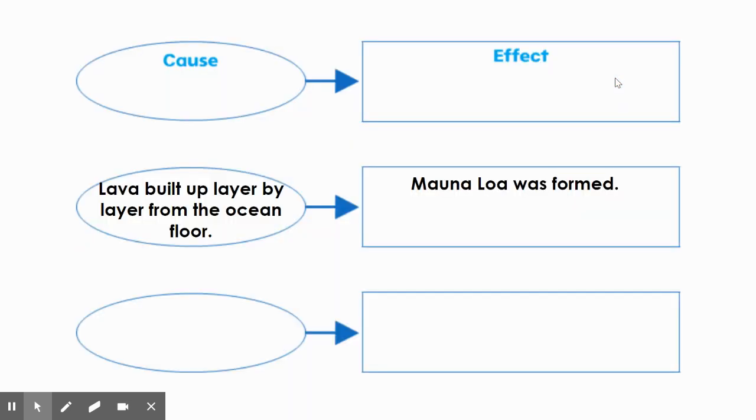So that was the cause. Lava built up layer by layer from the ocean floor. That created Mauna Loa. Okay, so that was the cause of Mauna Loa forming. So go ahead and pause this as you write down the cause of that event.